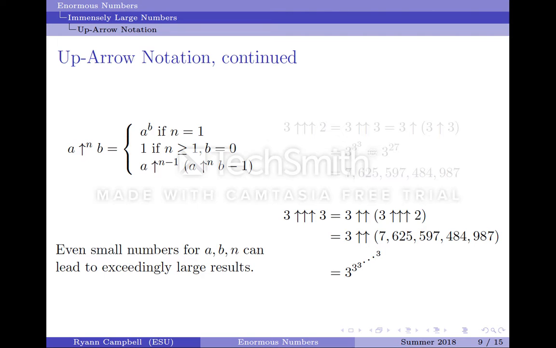So if we couldn't calculate 2 with like 65,000 2s in the power tower, we definitely cannot actually calculate 3 with 7.6 trillion 3s in its power tower.